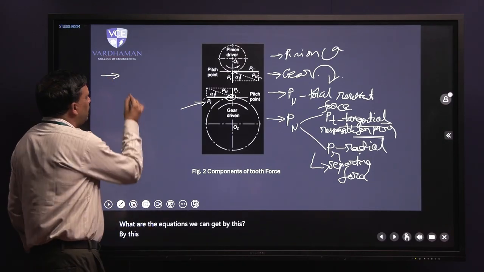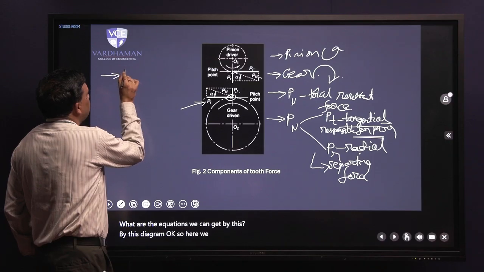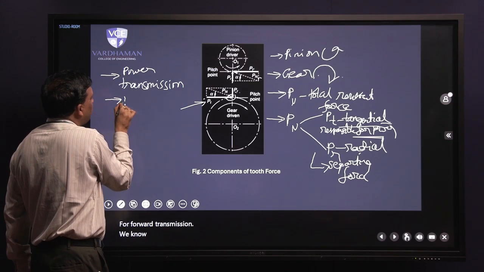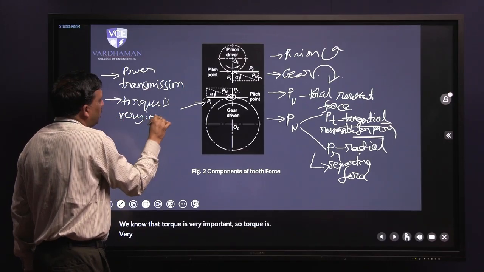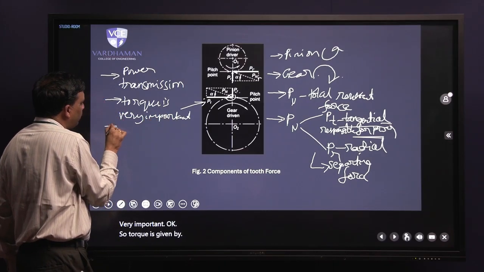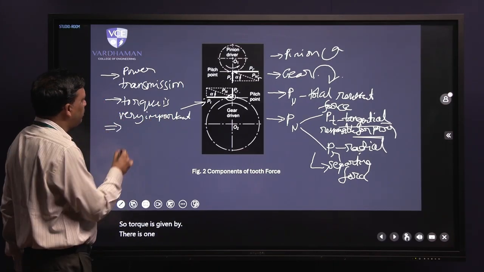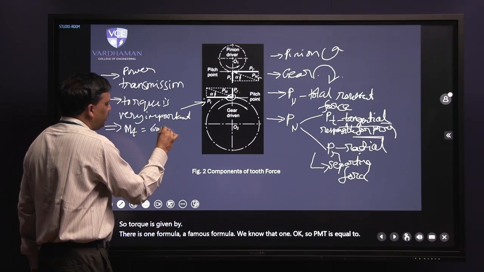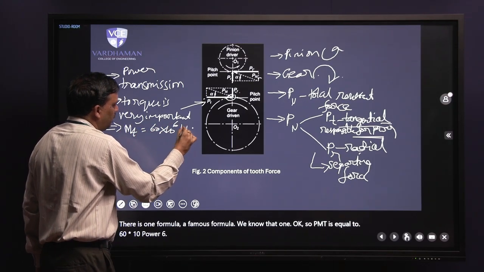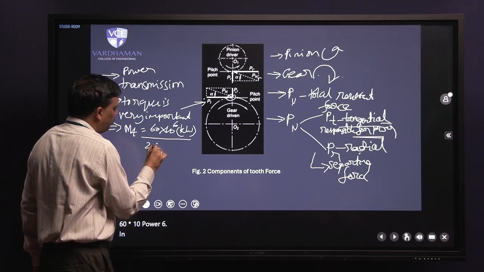For power transmission, torque is very important. Torque is given by a famous formula: Mt is equal to 60 into 10 power 6 times the power in kilowatts, divided by 2 pi n.